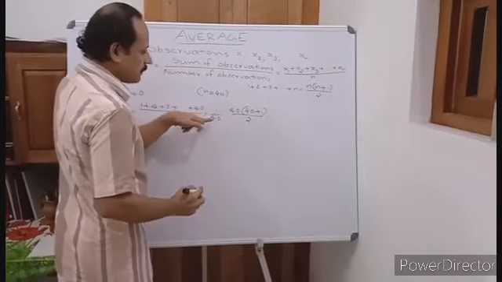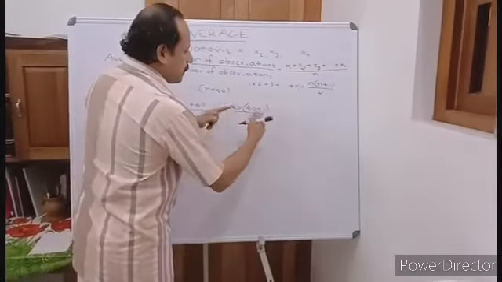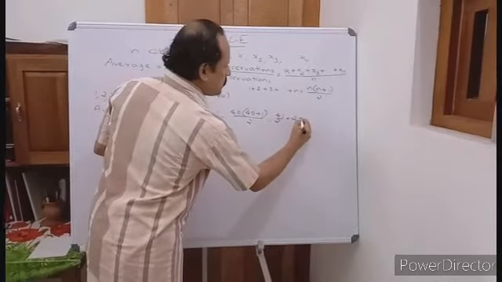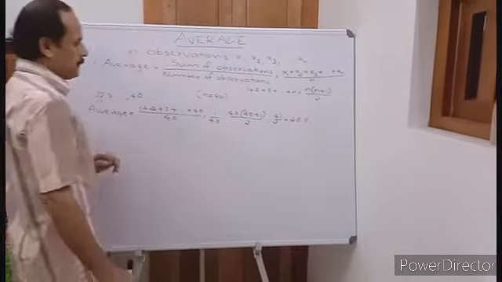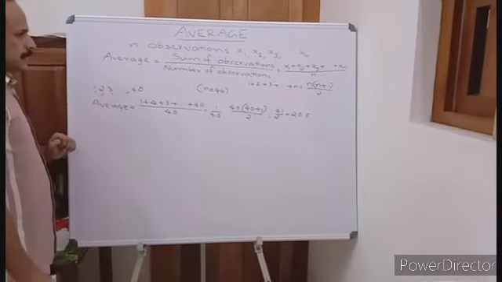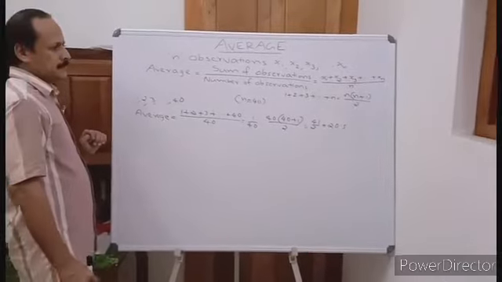Cancel 40 and 40, then 40 plus 1, that is 41 by 2, that is 20.5, which is the average of the first 40 natural numbers.